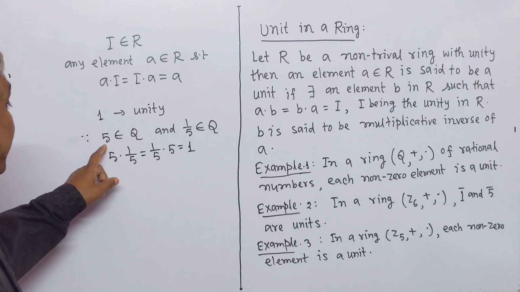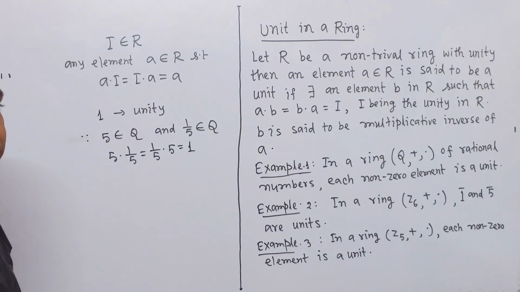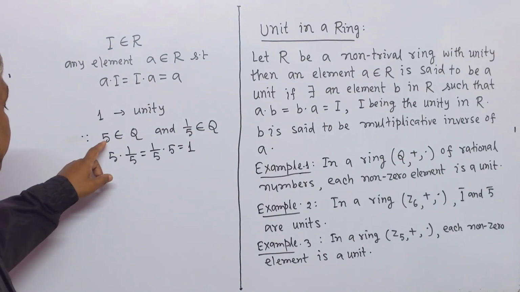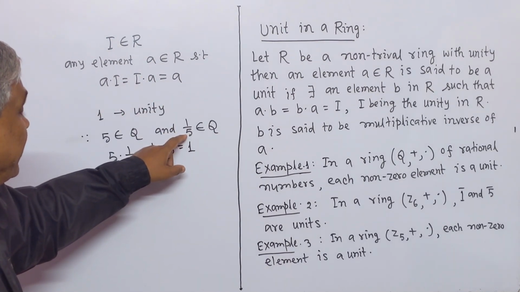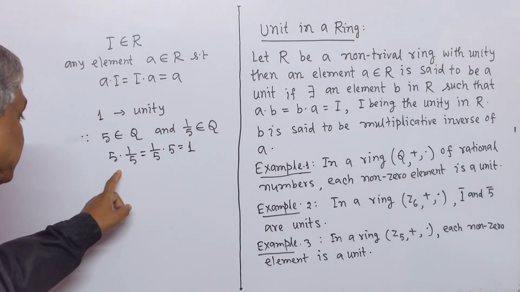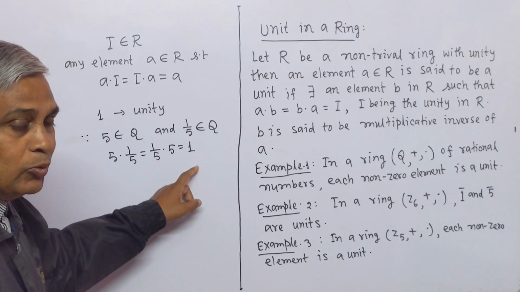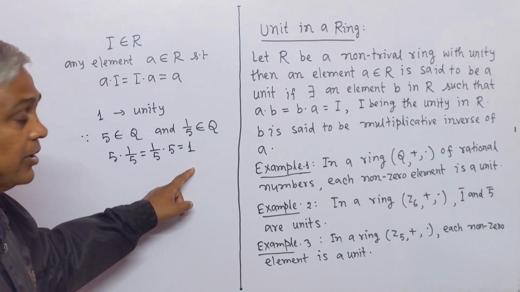Therefore, 5 is a unit because here we have 5 and its multiplicative inverse 1 by 5, their product equal to unity. 1 means unity here.